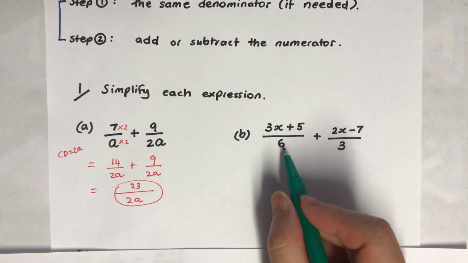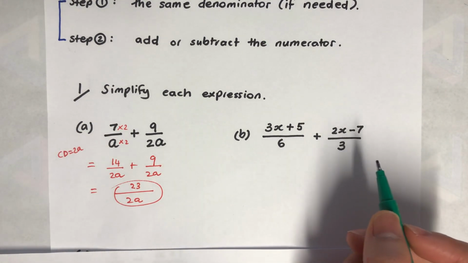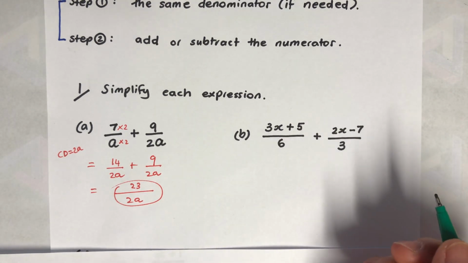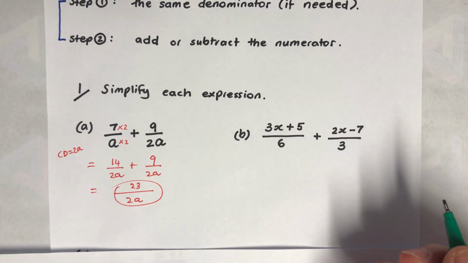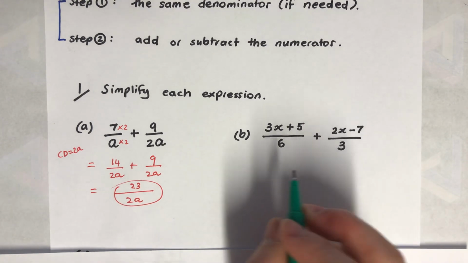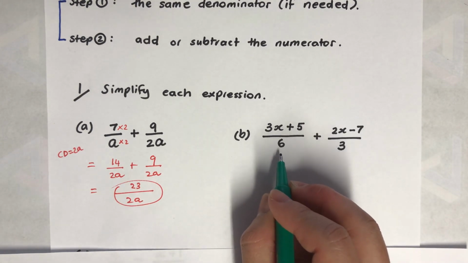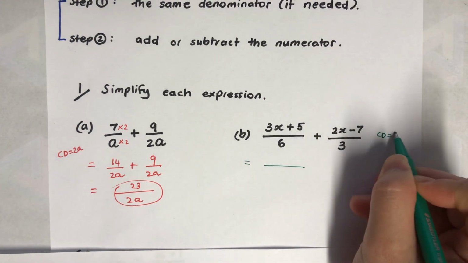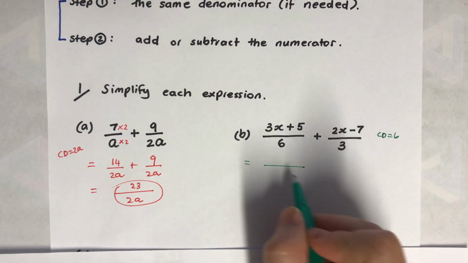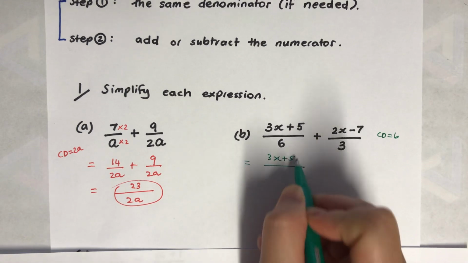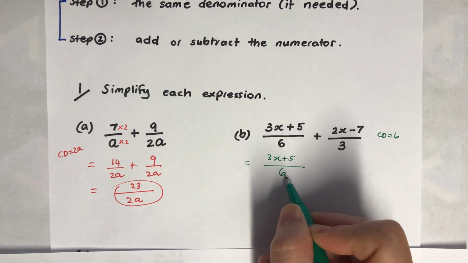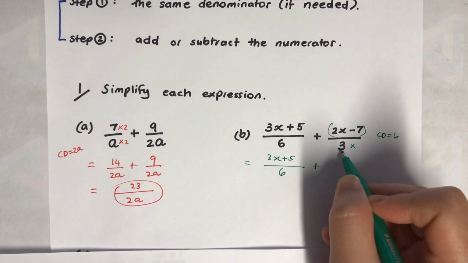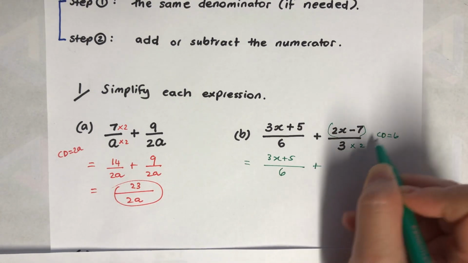Next one. They're different, but you can times it, that's not a problem. I'm just thinking 6 and 3, they're in the same family group, aren't they? Like a group of 3. So in that case, you choose the bigger one. My common denominator here is 6. So I'm going to keep 3x plus 5 the same because it's got the common denominator already. Now this is the one that we need to work at. For 3 to become 6, you times by 2.